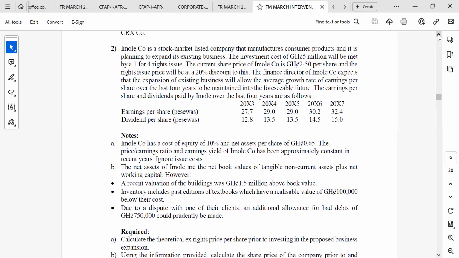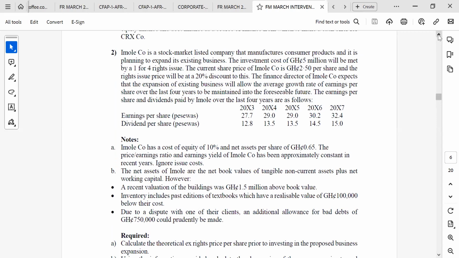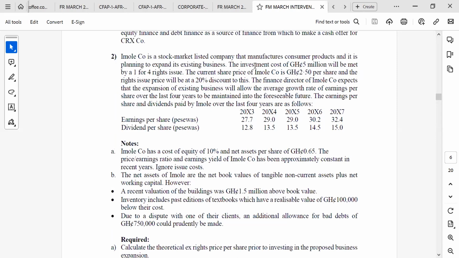You can see that we don't have the total number of shares here, but we are given the rights issue proportion, 1 for 4, isn't it?